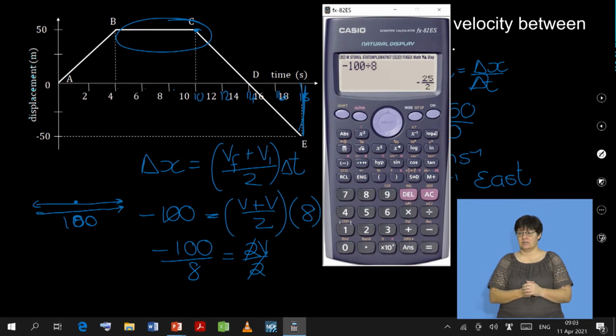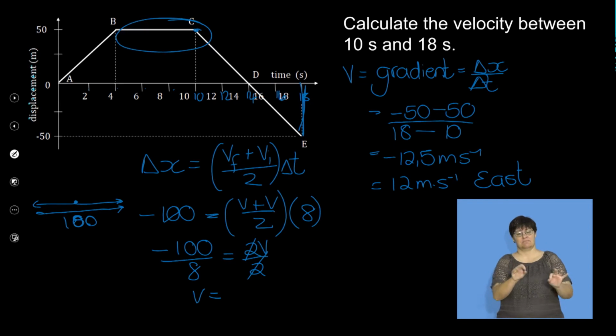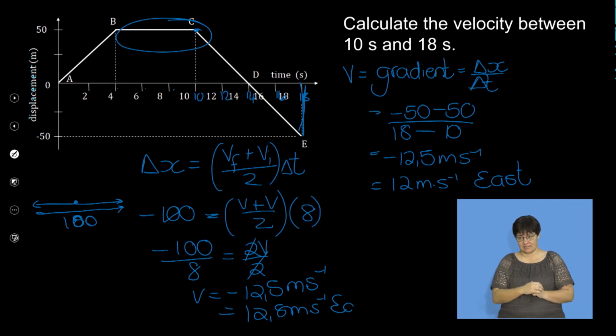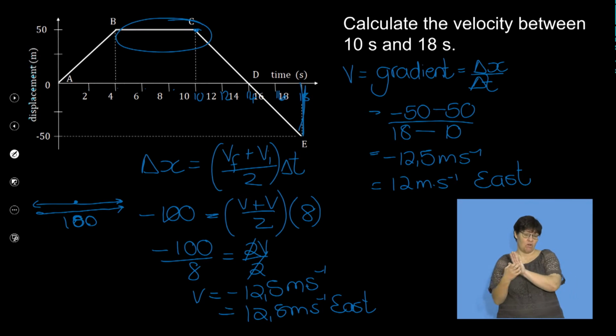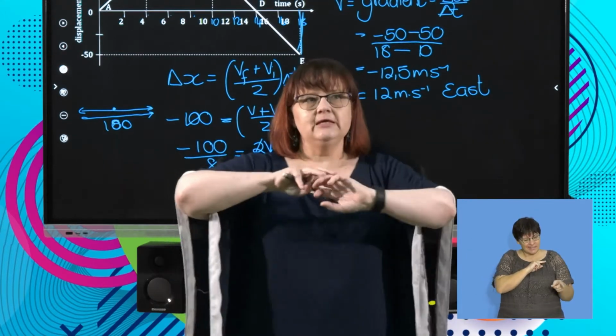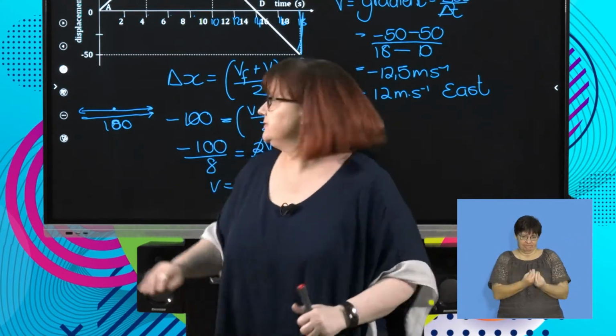And I get, there we go, exactly the same answer. But we've got to have it as a positive. So sometimes the graph is easier, but a lot of the time, equations of motion are better, okay? Because it gives us an easier way to work things out, okay?